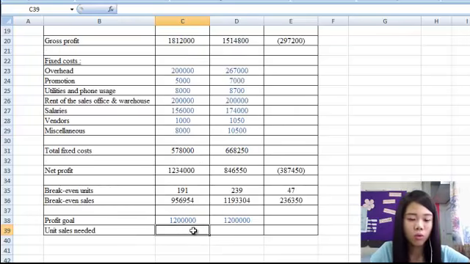United wants to know how many TV sets they needed to sell in 2008 if they want to meet the targeted net profit of 1.2 million.